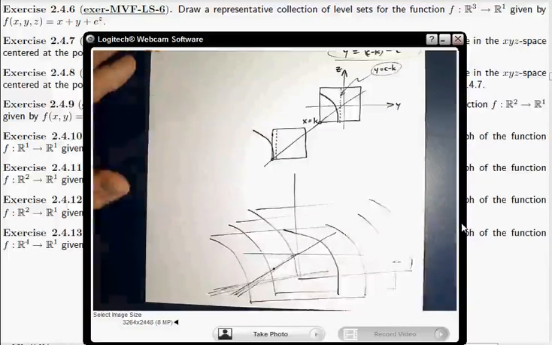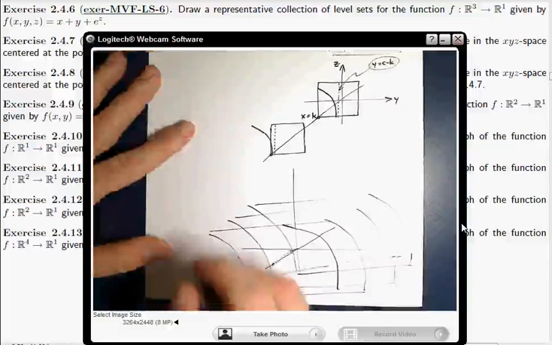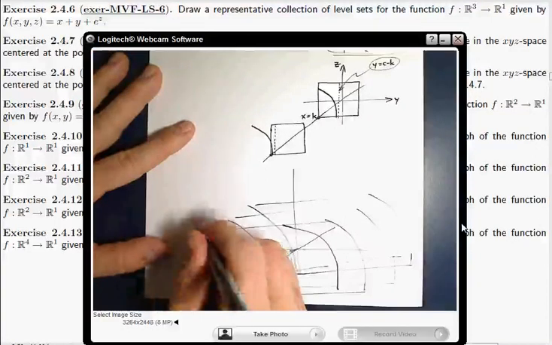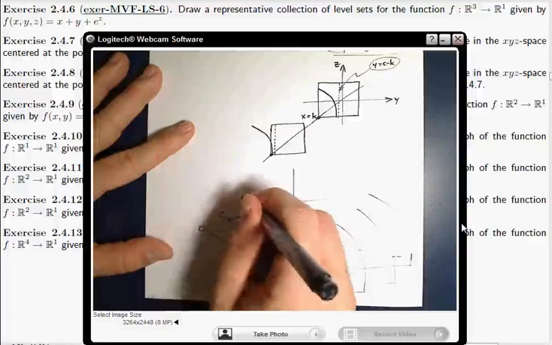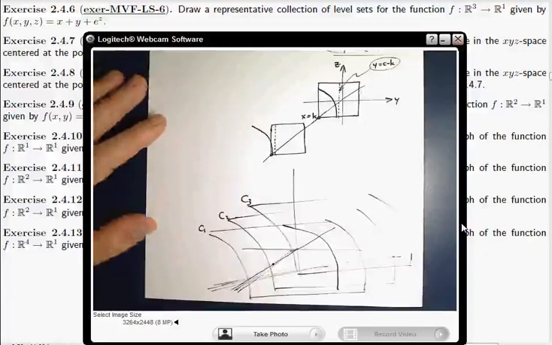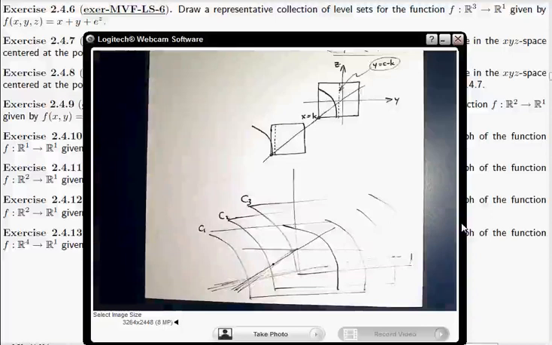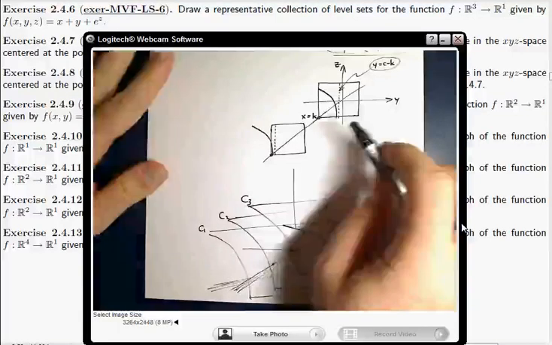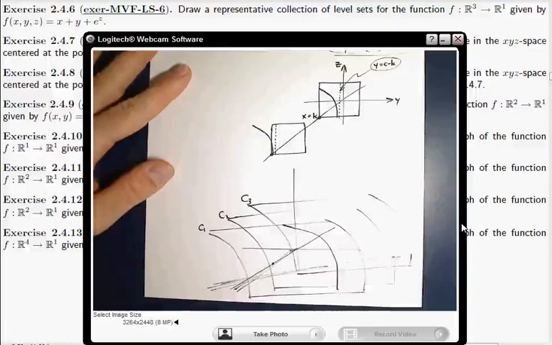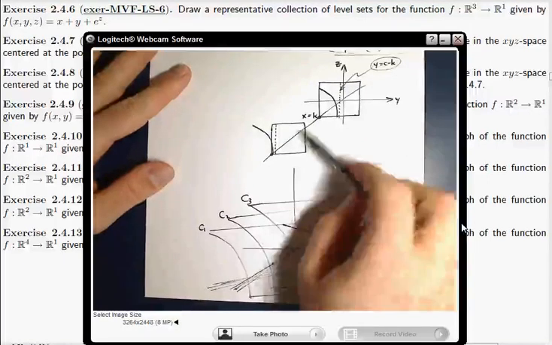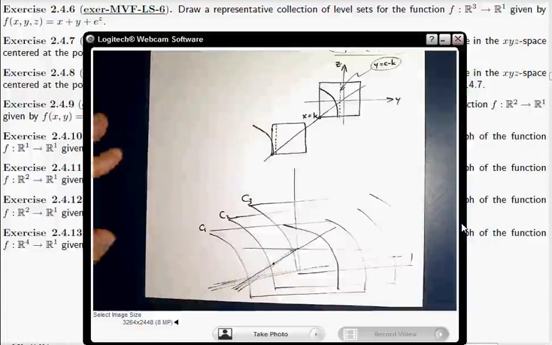That's as C increases, yeah. So this might be some value of C, then this here is a second value of C, and this is maybe a third value of C. K stays the same. Now K indicates which cross section of one of these level sets you might be looking at. Oh, okay. So there's lots of different values of K. Yeah, right. Exactly.